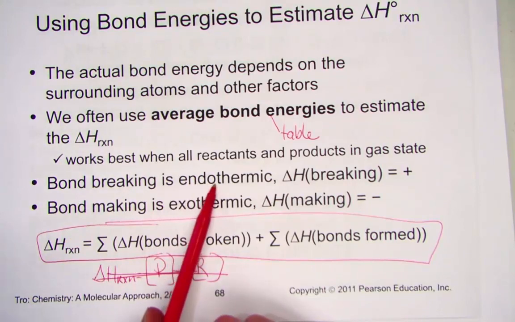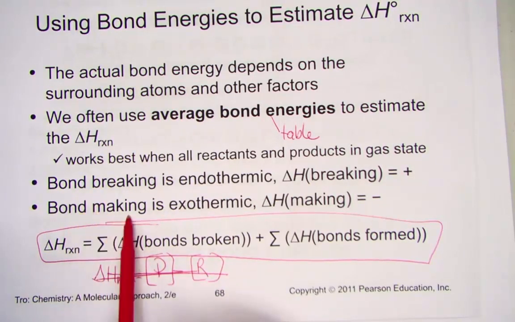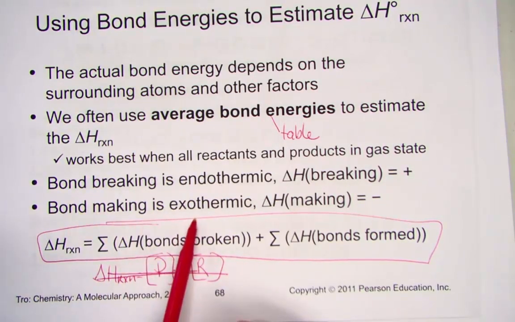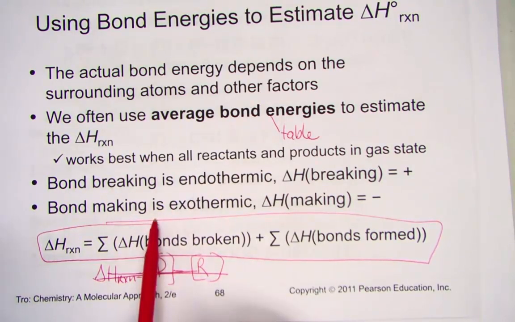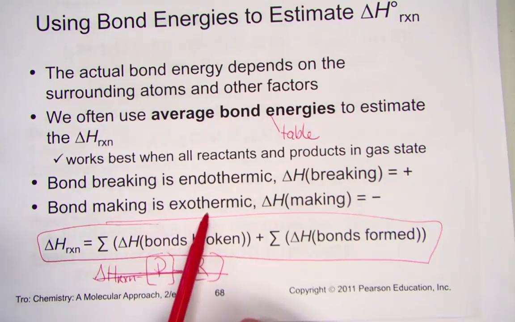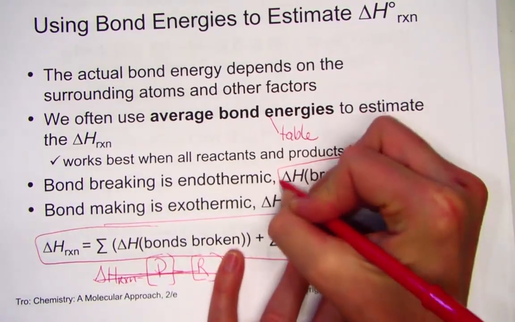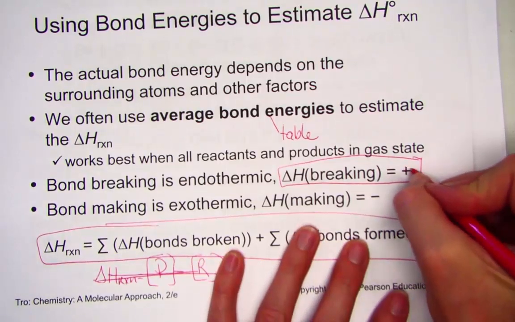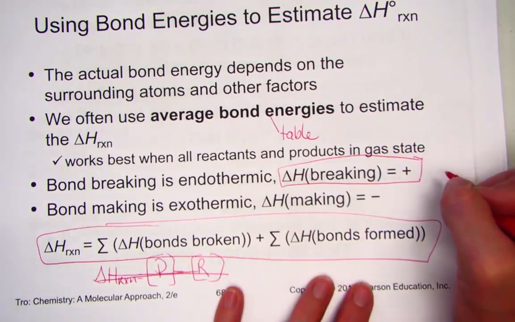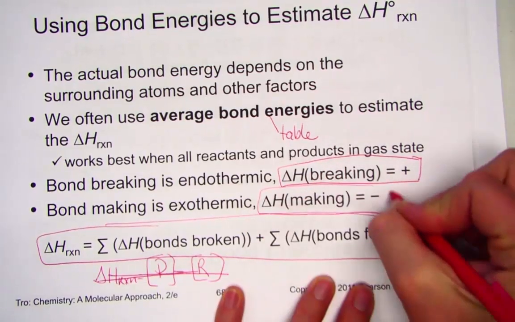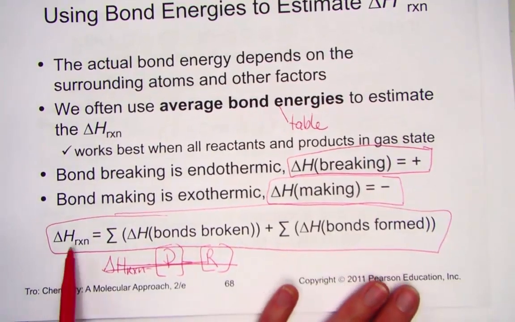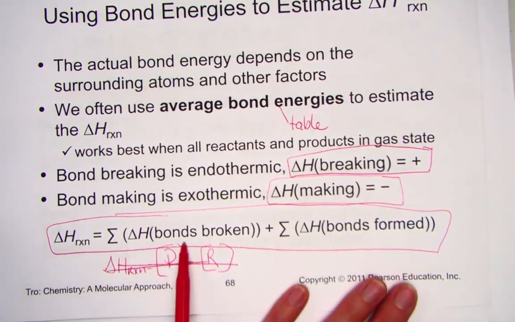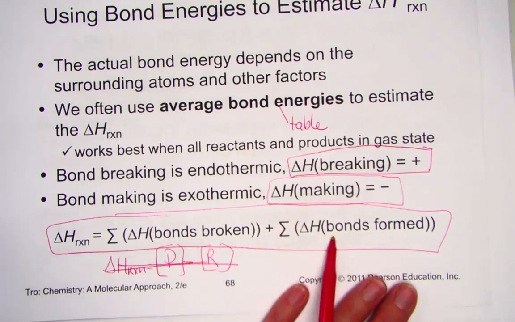Bond breaking is endothermic. Bond making is exothermic. Breaking bonds requires energy. Making bonds releases energy. Important note, if I'm breaking bonds, the sign on delta H is positive. If I'm forming new bonds, the sign on delta H will be negative. The heat of the reaction is the sum of all the bonds broken plus the sum of all the bonds formed.